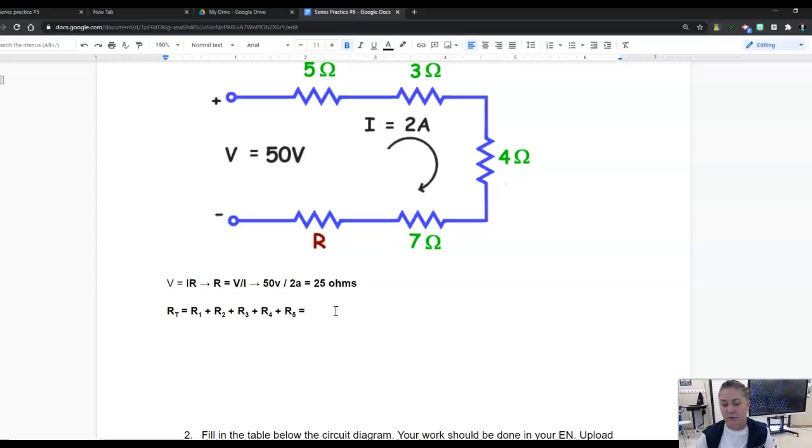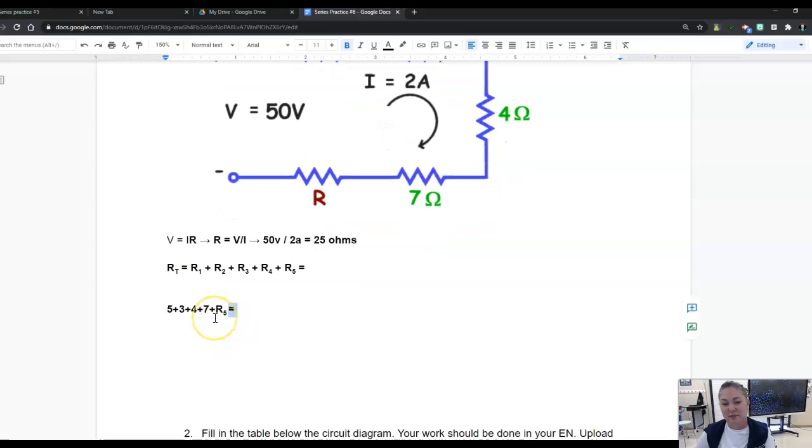I know that the first one was 5 ohms, second one was 3 ohms, third one was 4 ohms, fourth one was 7 ohms. And I do not know what resistor 5 was equal to. Oops, I did that wrong, so let me separate these. So 5 plus 3 plus 4 plus 7 plus the unknown is going to be equal to 25 ohms.